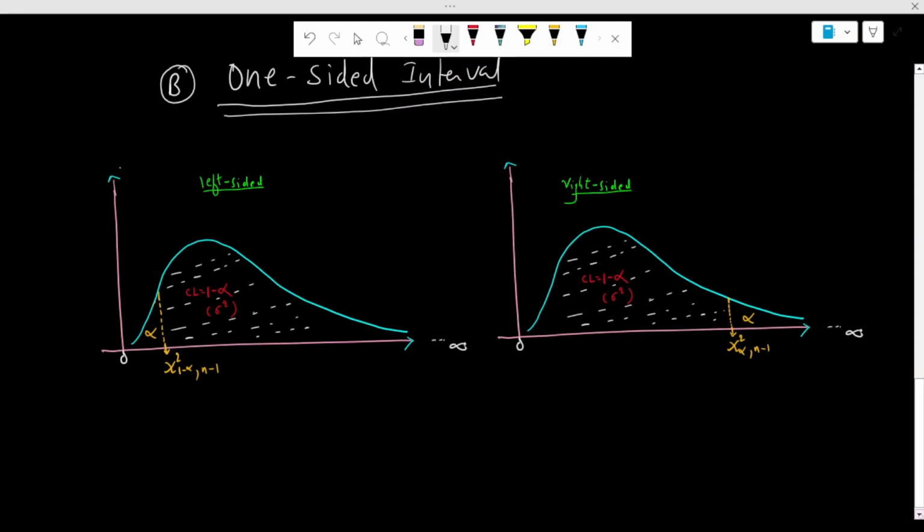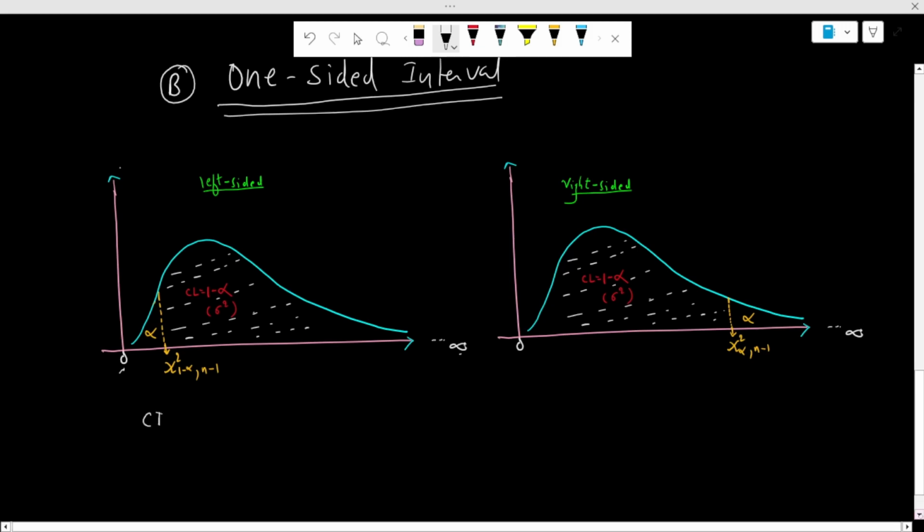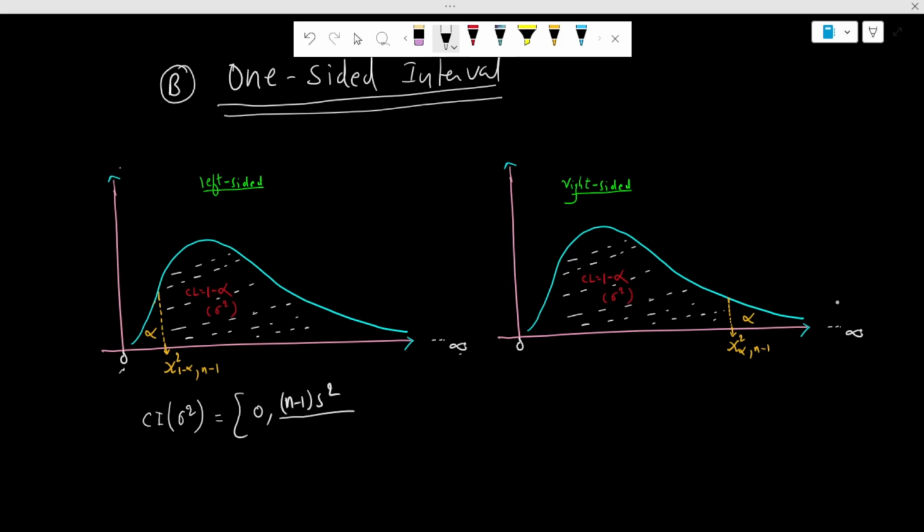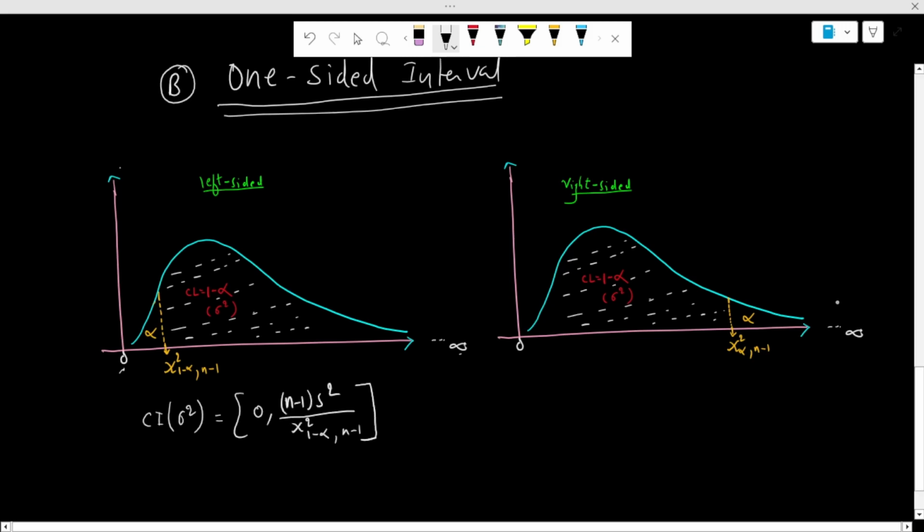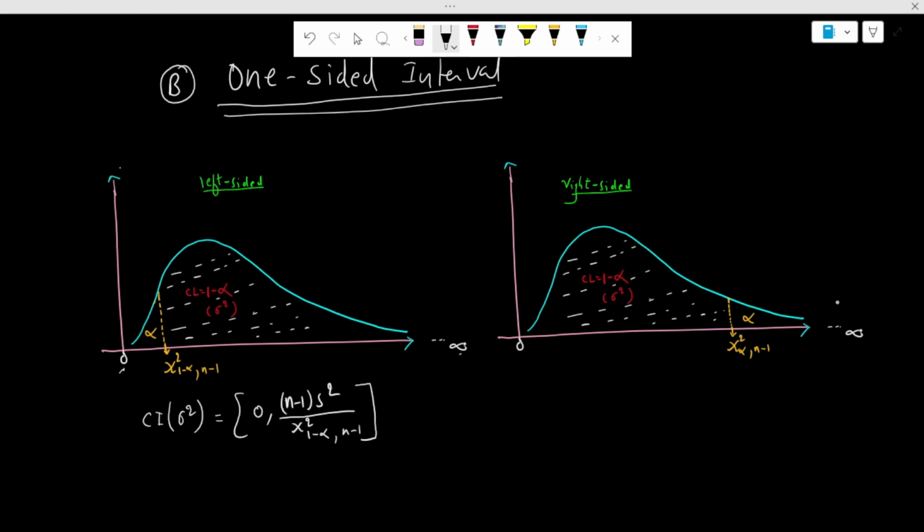Now let us discuss the one-sided interval of the population variance. First, let us begin with the left-sided interval. The lower bound generally begins with 0, and the upper bound ends at infinity. So for the confidence interval of the population variance for the left-sided interval, we begin with 0. Since it is a one-sided interval, we don't need to divide alpha by 2.